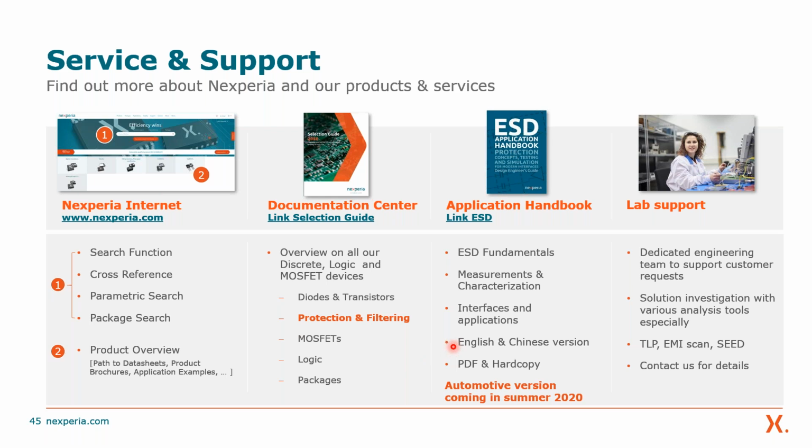The fundamentals we discussed today, and even more details and information, are written down in our ESD application handbook. It's available in hard copy in English and Chinese versions. A highlight for this year is that we are now working on a dedicated automotive version, coming this summer. And as I said, we can offer lab support if you have questions.